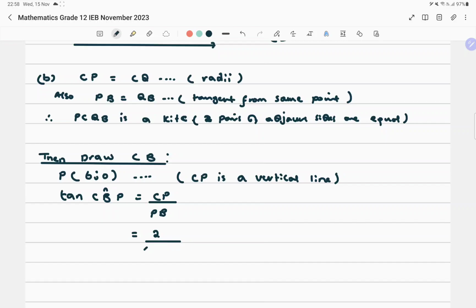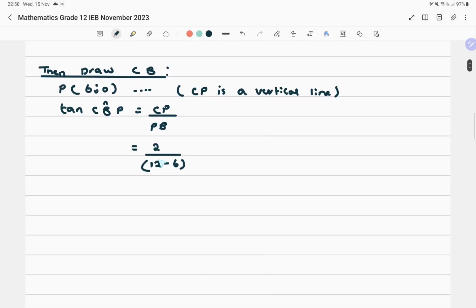Over this one, we needed to determine this, but I'm going to compress it here. It's basically going to be 12 minus 6, because that is essentially a horizontal line. So I'm just showing that this would have been a separate calculation, but I'm not interested in writing a lot. So what do we have here? This is 2 over 6, which is 1 over 3. Right.